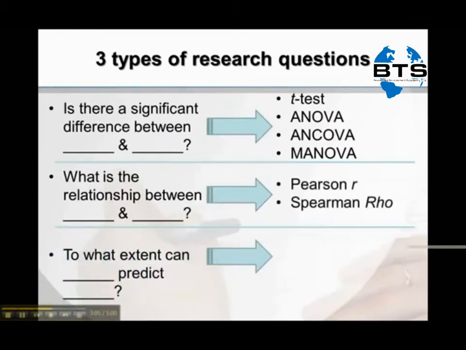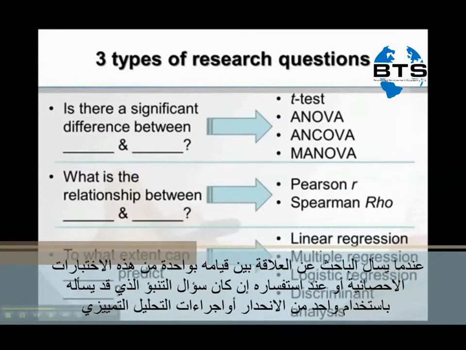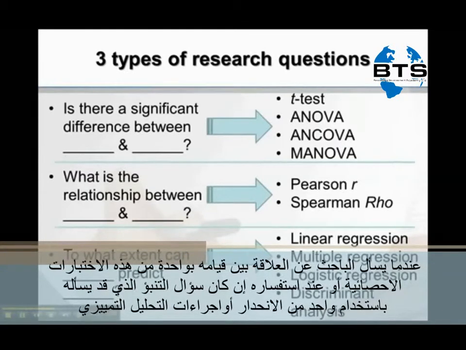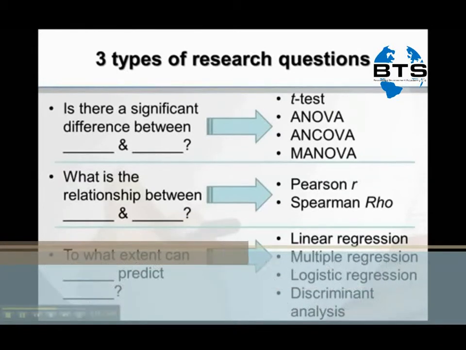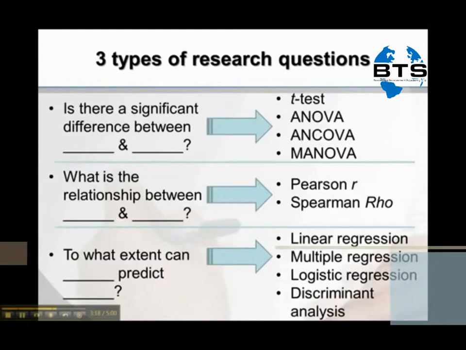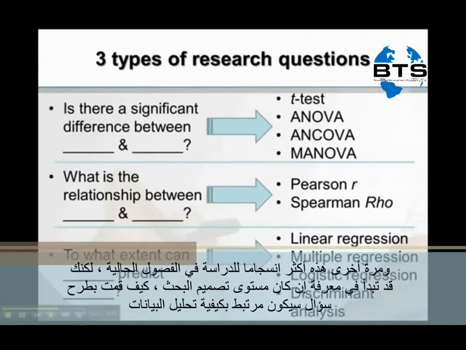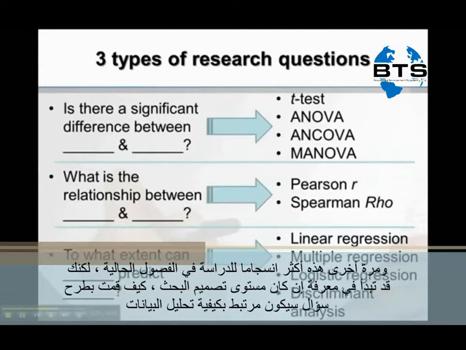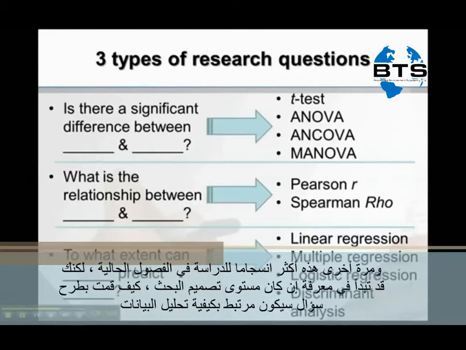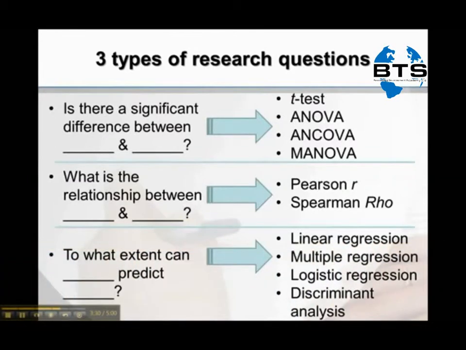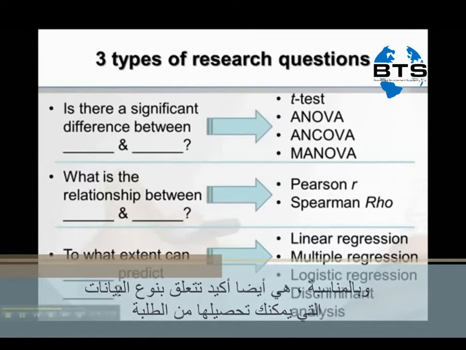When a researcher asks what's the relationship between, they'd be conducting one of those statistical analyses, or when they ask that prediction question, they would be using one of those regression or discriminant analysis procedures. Again, those are more in line for study in a stats class, but you begin to see, even at the research design level, how I ask the question is going to be related to how I analyze the data. And by the way, it's also, of course, related to what kind of data you can get on students.